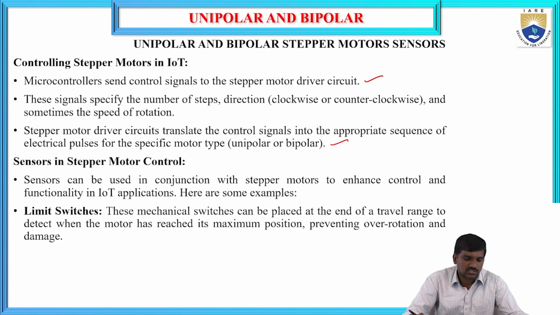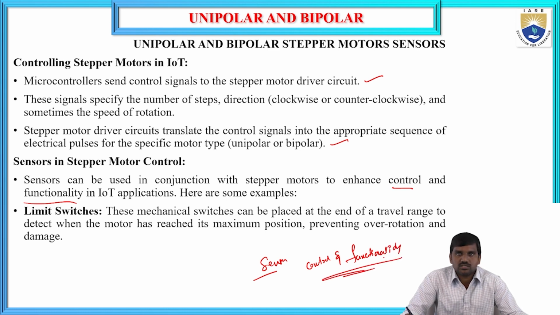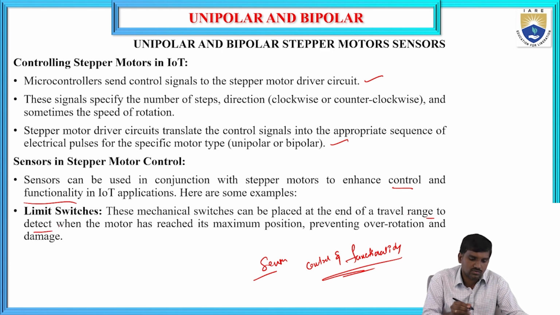And sensors in stepper motor control. Sensors can be used in conjunction with stepper motors to enhance control and functionality in IoT applications. First, limit switches. These mechanical switches can be placed at the end of a travel range to detect when the motor has reached its maximum position, preventing over-rotation and damage.